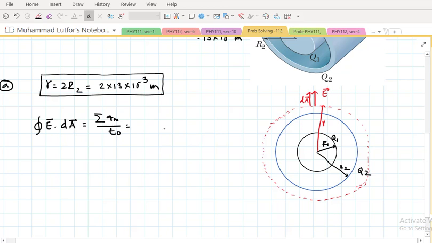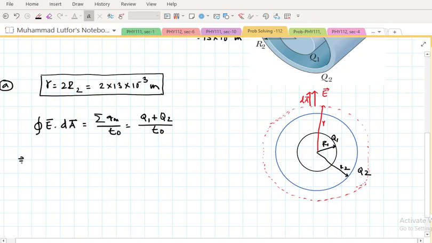Now my Gaussian surface is going to enclose the total charge, which is the charge on the cylinder and also the total charge of the shell. So that means my enclosed charge for this case would be Q1 plus Q2, divided by epsilon naught. In my closed Gaussian surface outside of the shell, it encloses the charge on the cylinder and the charge on the spherical shell.